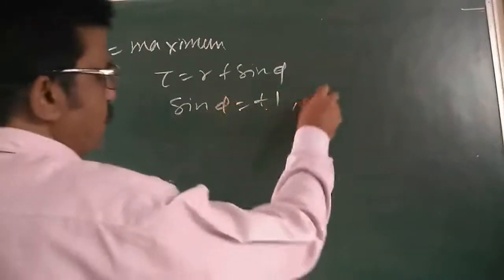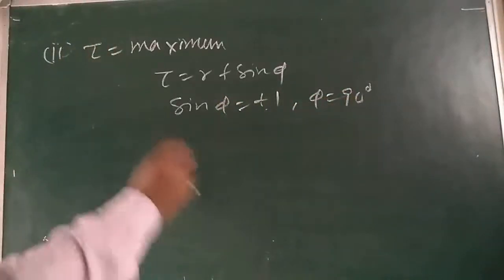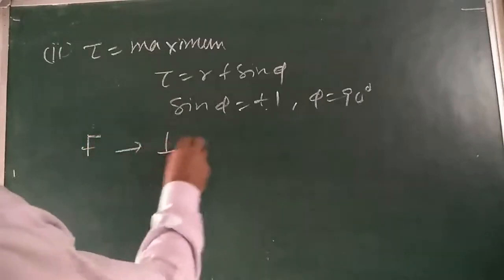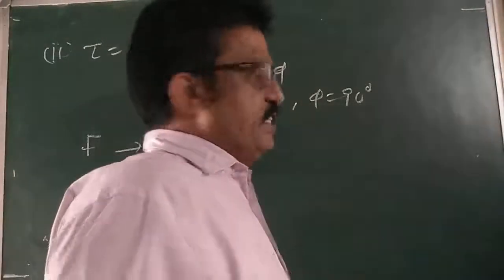Sin phi +1 means phi is equal to 90 degrees. When force is applied in a direction perpendicular to R, the angle between R and F is 90 degrees.